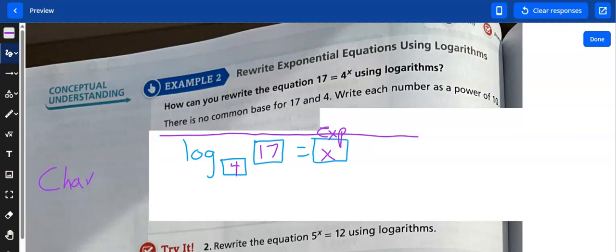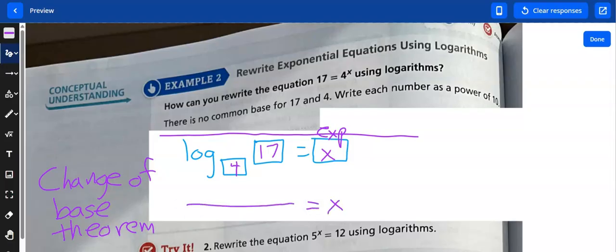We talked about the change of base theorem. What does it mean? Or what do you get? How do I use it?